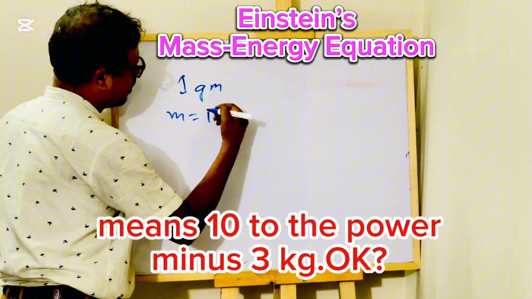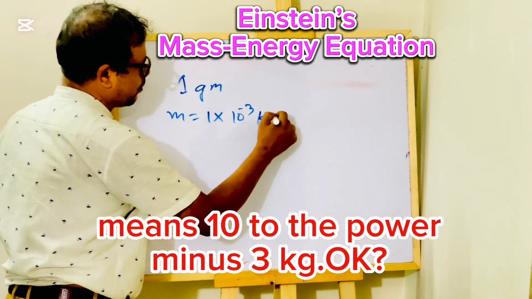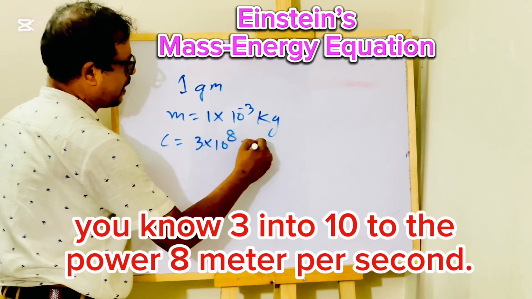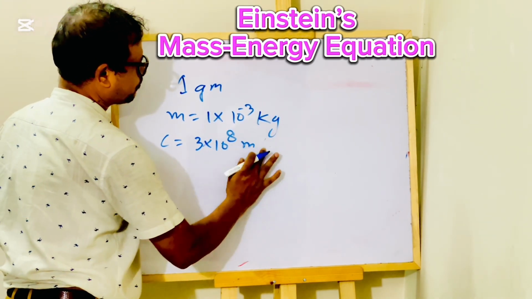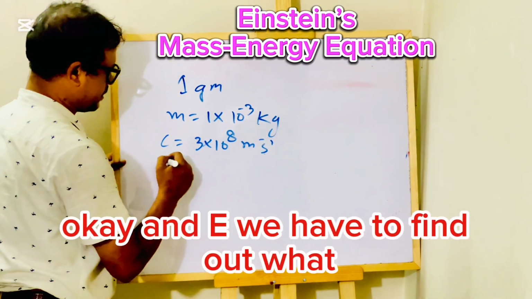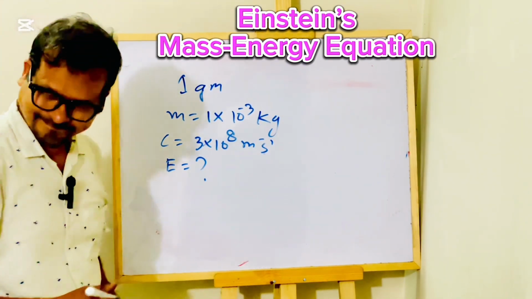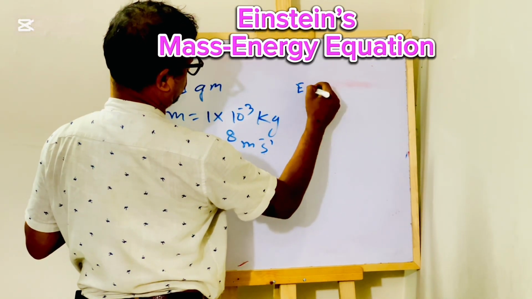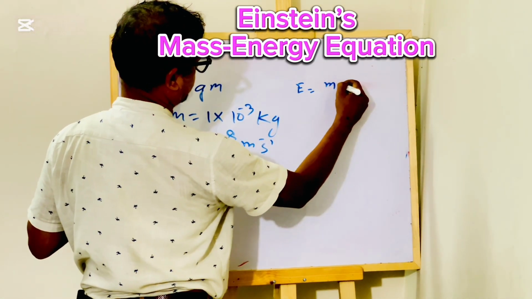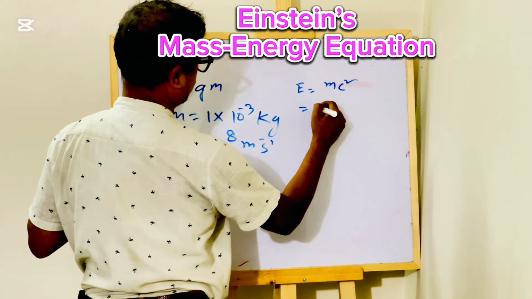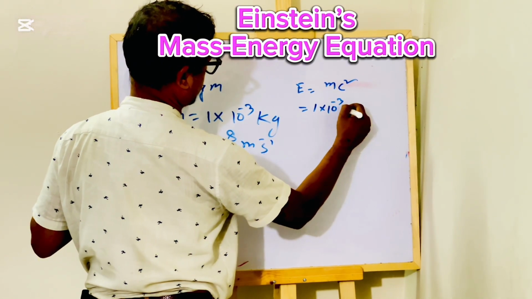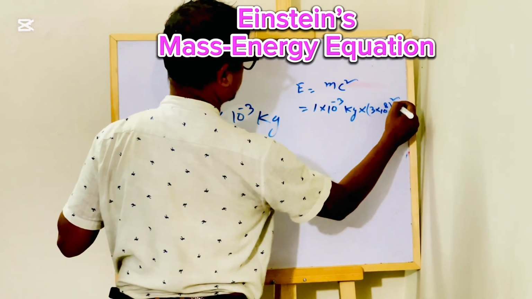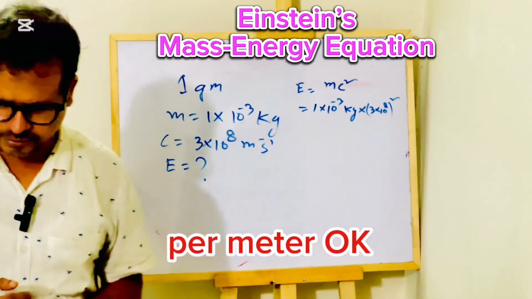1 gram means 1 into 10 to the power minus 3 kg, and C, you know, is 3 into 10 to the power 8 meter per second. And E we have to find. How can we find it? E equal to mc squared. M is 1 into 10 to the power minus 3 kg, and C is 3 into 10 to the power 8 meter per second.